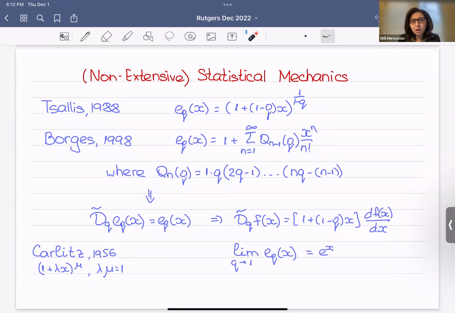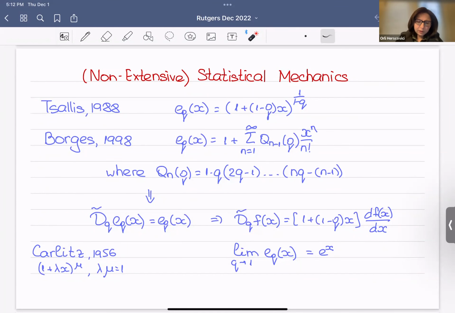And the nice thing that happened around this function is that it led to developing a q algebra, as it appears in the work of Borges, for example, from '98. But we would call it a q calculus, another q calculus associated with this exponential function.